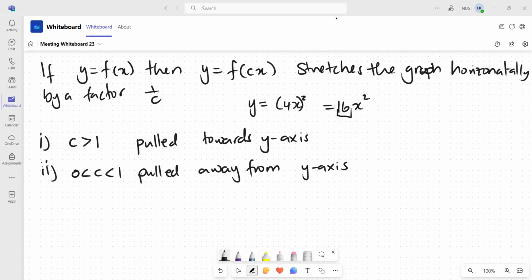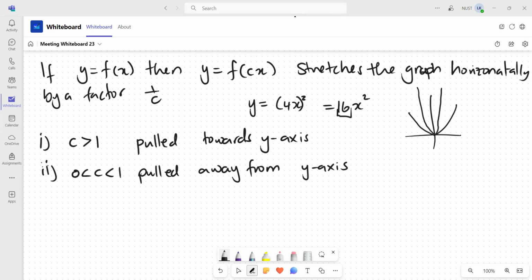So like this one here, we do it the way we did above. 4 here is greater than 1. So it's pulled towards the y-axis. So if your first graph was like that, then pulled towards the y-axis means you are stretching it like that. And that's exactly what was described with the vertical stretching.